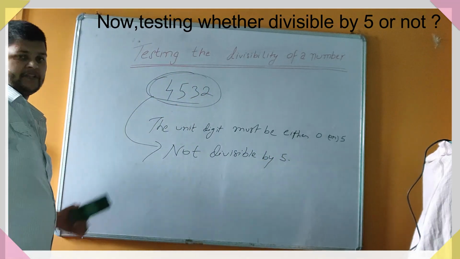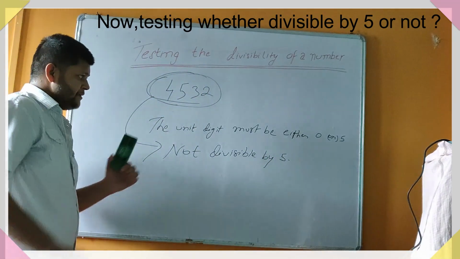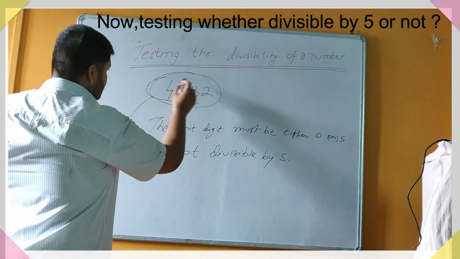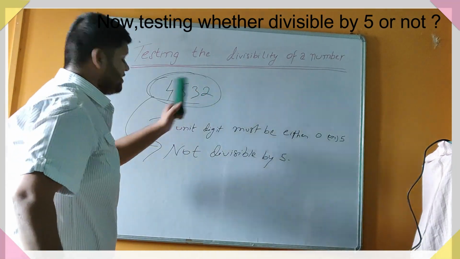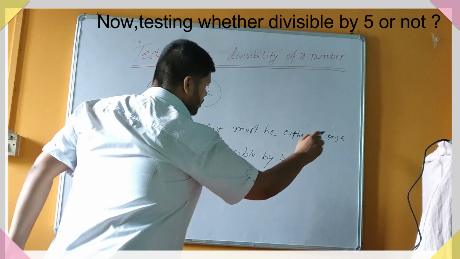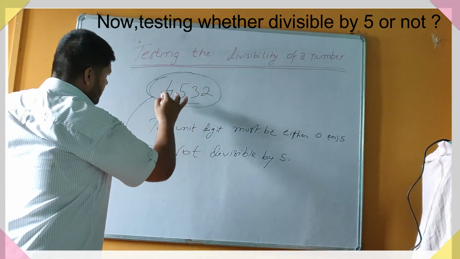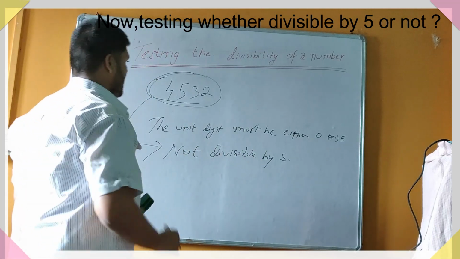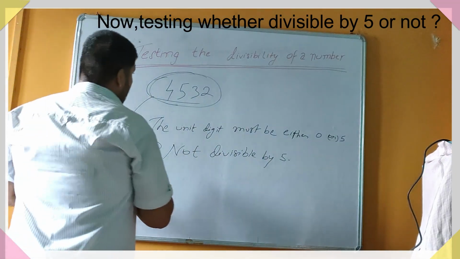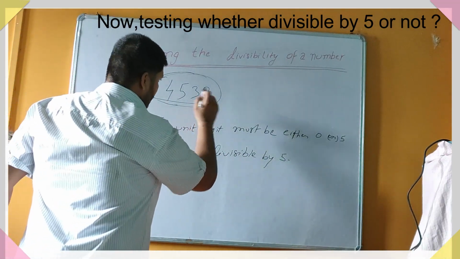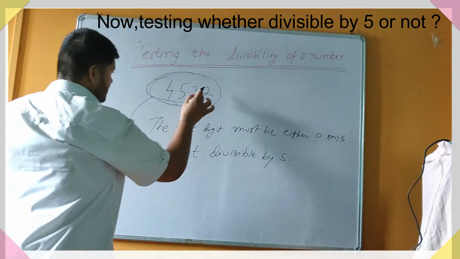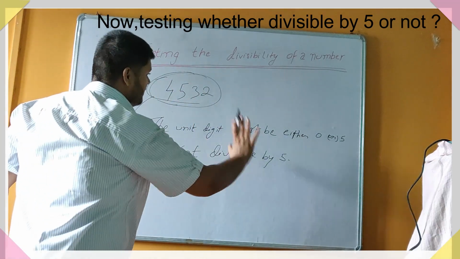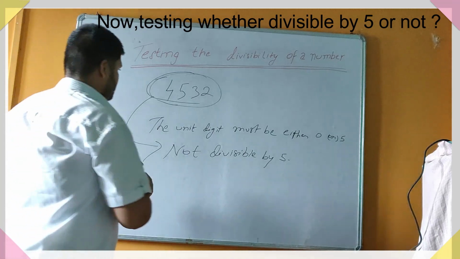I hope you are clear with this concept. Let me repeat once again. In the given number, if the unit digit is either 0 or 5, then this number is divisible by 5. If it is not 0 or 5, then this number is not divisible by 5. I hope you are clear with this concept.